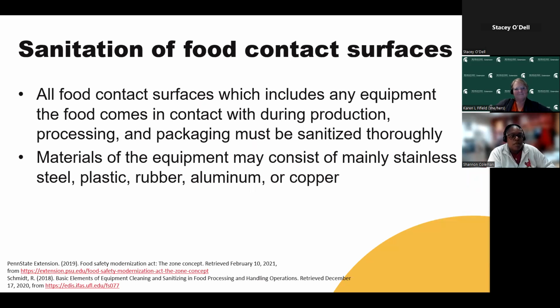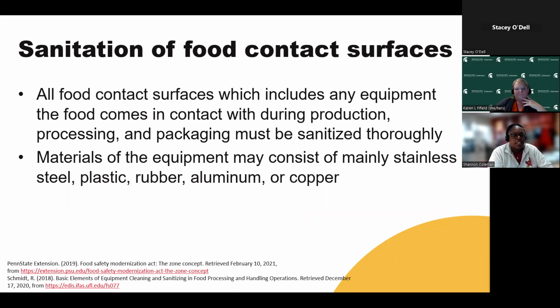The Michigan Department of Agriculture defines zone 1 as all direct food contact surfaces, and we're talking about slicers, mixers, conveyors, utensils, racks, working tables, containers, brushes, rollers, sinks, knives, and even the worker's hands is considered a food contact surface in certain instances.